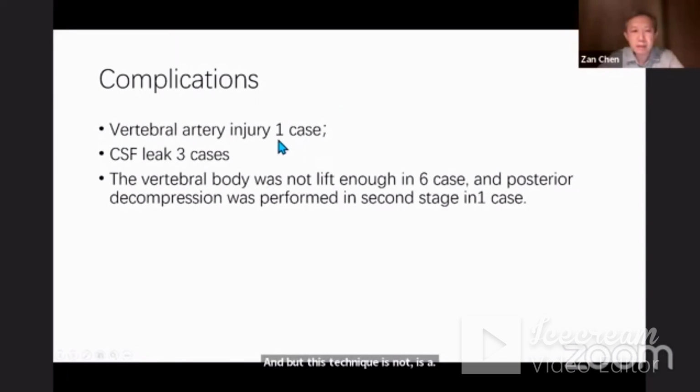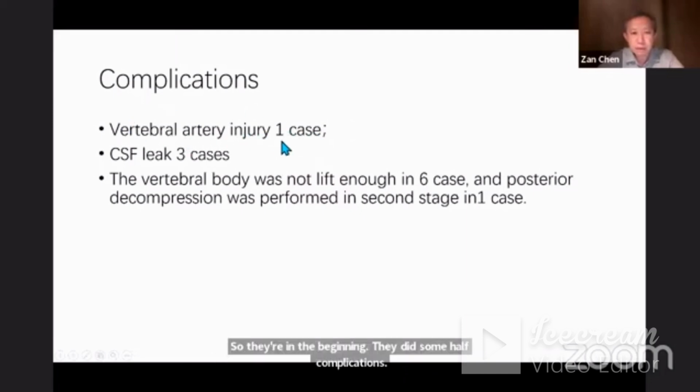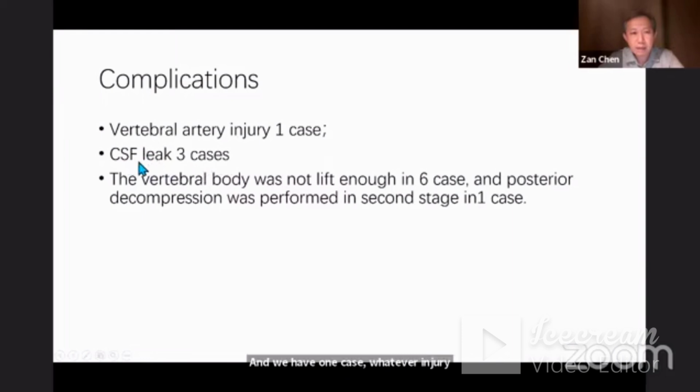In the beginning there were some complications: we had one case of vertebral artery injury, a CSF leak in 3 cases, and 6 cases where the vertebral body was not left thick enough. In one case we performed posterior decompression in addition.